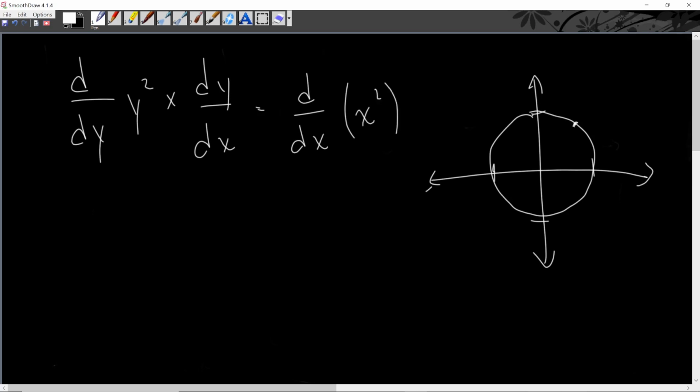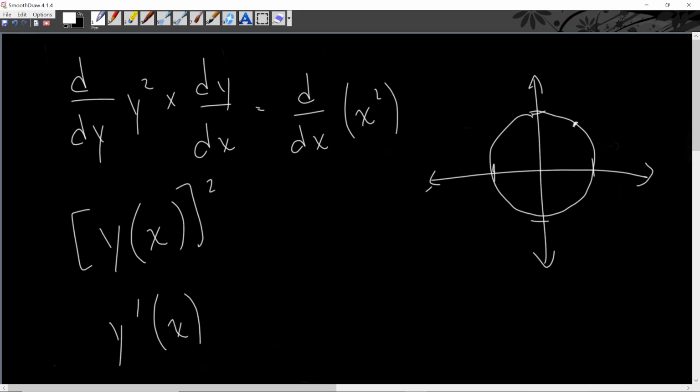Again, if y squared was a function, you might even think of it as y of x squared. We are going to be doing the derivative of the outside, or y prime of x, times x prime. So, again, x prime is not 1, because this x is just an idea. y will be implicitly defined as a function of x, so x is going to be a function of x. It's not x the variable, it's just x the idea.